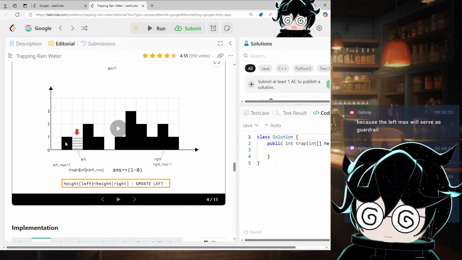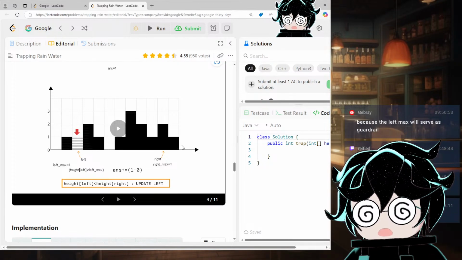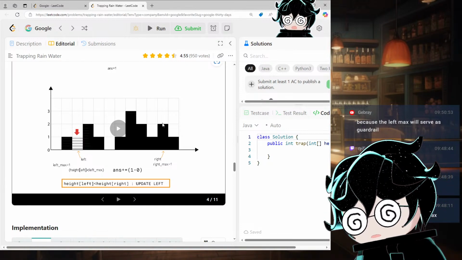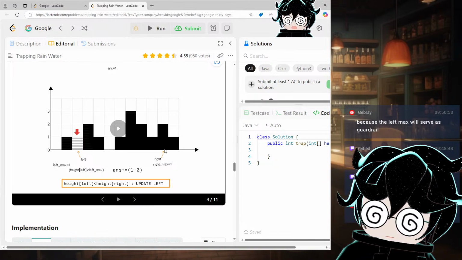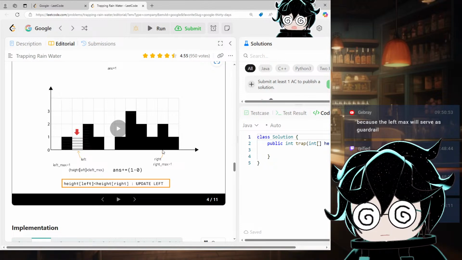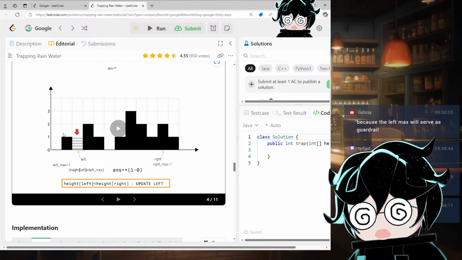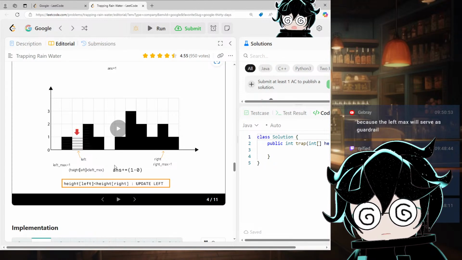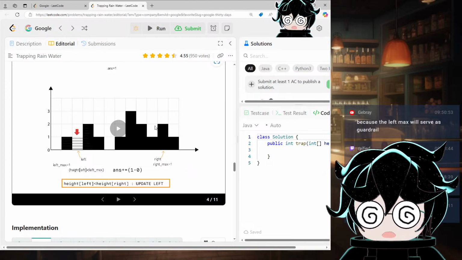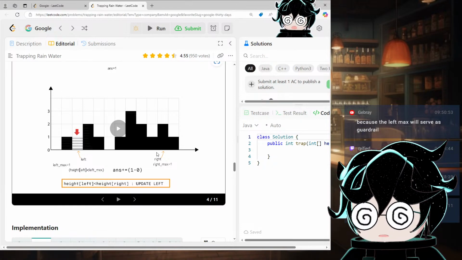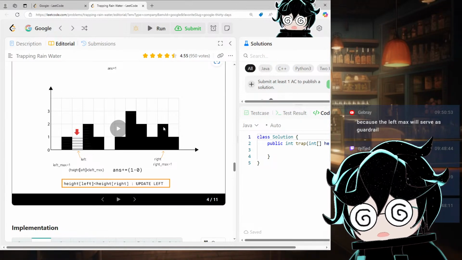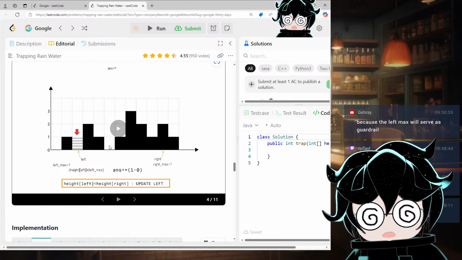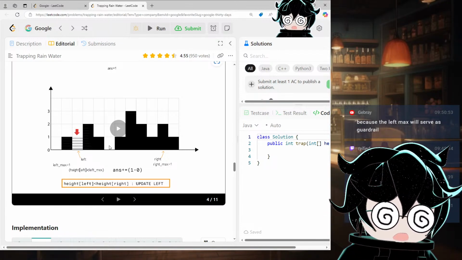And worst case, the best height we found on the right is 2, right? Which is already guaranteed to be bigger than us. So 1 is guaranteed to fill no matter what here. Yeah, it really doesn't matter what the maximum on the right is. Even the second best we found so far, 2, doesn't matter, because as long as we know there's something bigger than it on the left, then we can fill it up. Yeah, okay. Got you.